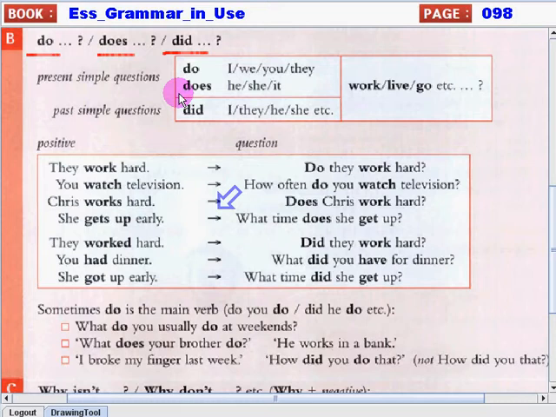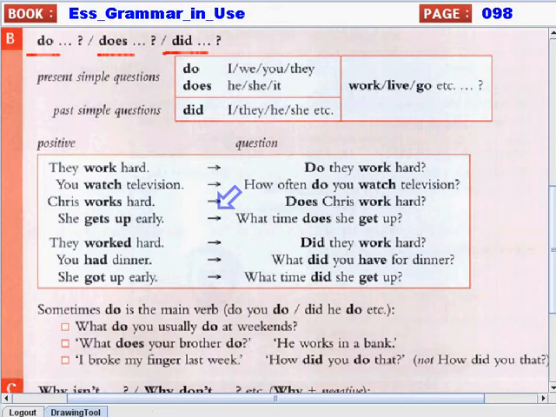I use does with a singular subject, right? Now let's move to past simple questions. Oh, by the way, work, live, go, these are our second verbs, or we call it the main verb in our question. Alright? Next, past simple questions.